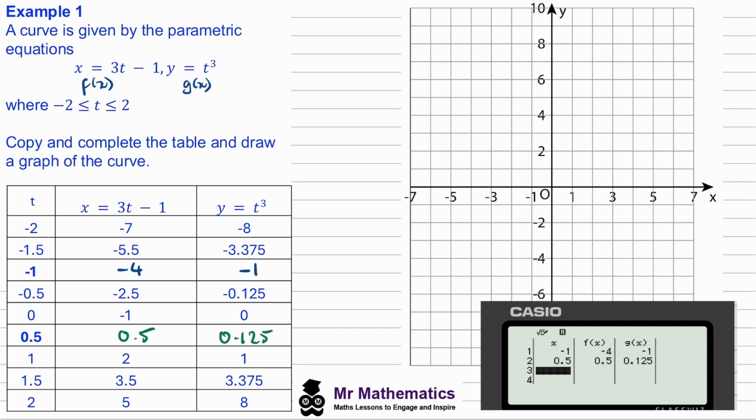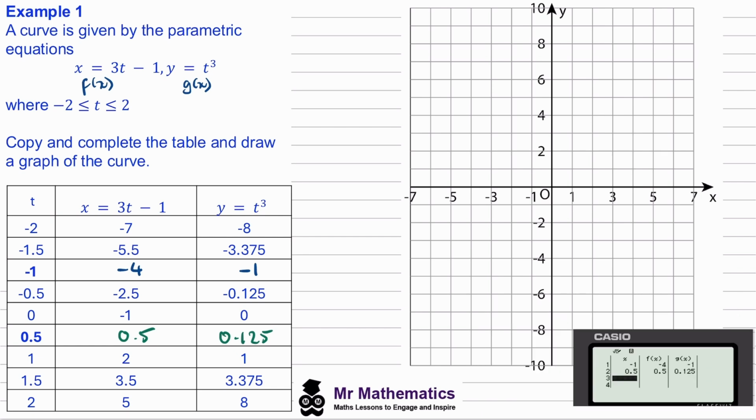Okay, so this is just a really quick and easy way of completing the table. We could do this separately on our calculators. I just find this is really easy. So now we need to plot each of these points. The first point is when x is -7 and y is -8. Then we'll have -5.5 and -3.375.